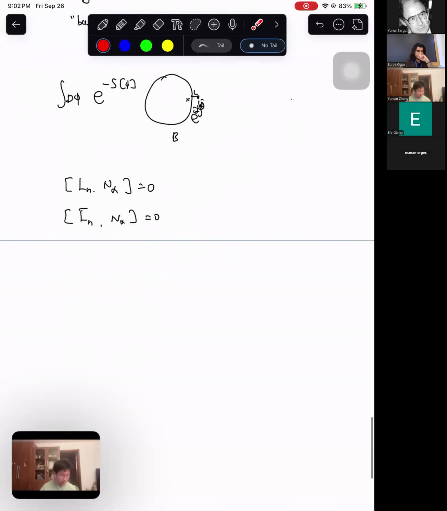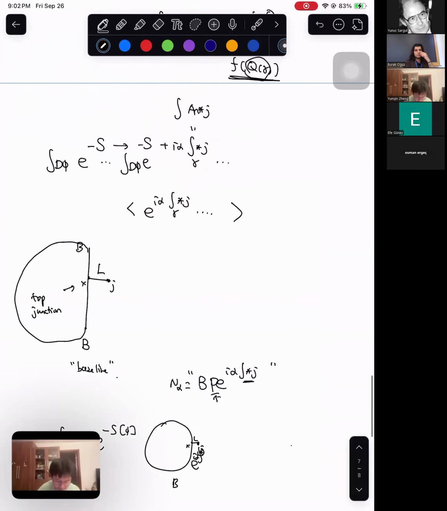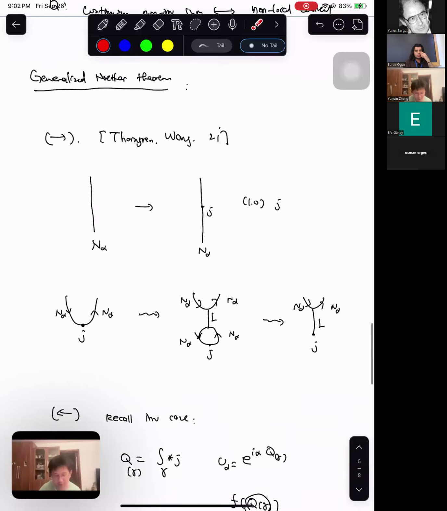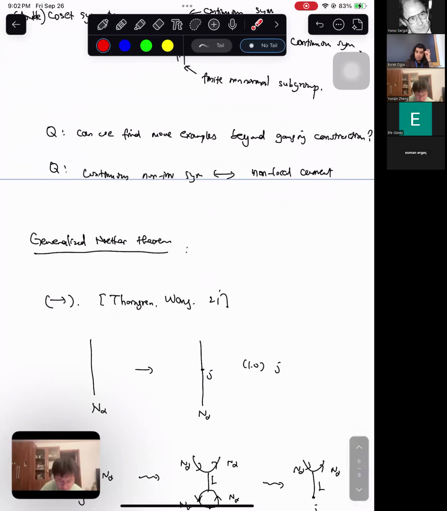Okay, good. So this basically finishes the discussion for this direction. We have already finished the generalized Noether theorem, which means that the continuous non-invertible symmetry can be associated with the non-local current.